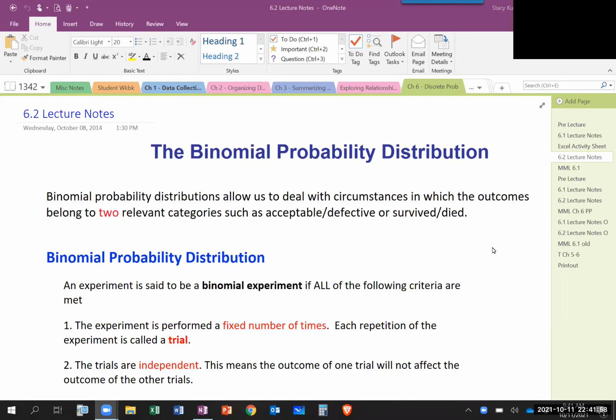So what we want to talk about is this idea where we have circumstances where only two categories are outcomes, right? So acceptable versus defective, survived or died, right? Those are outcomes that we would be looking at.